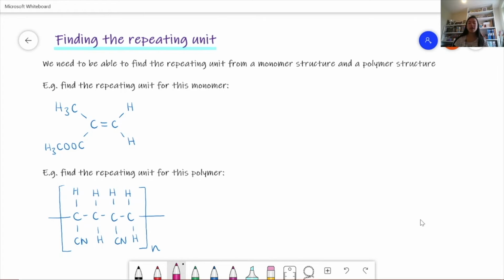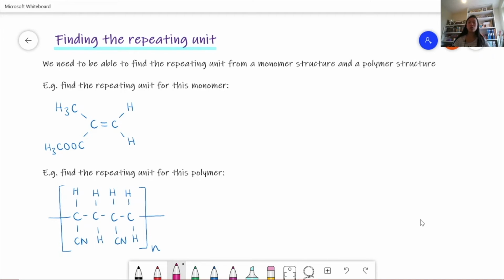Now we're going to look at finding the repeating unit. So we need to be able to find the repeating unit from a monomer structure and also a polymer structure. So in the first example, we're going to find the repeating unit for this monomer. So we've got this alkene, and basically what you need to do is you need to imagine 2 of them joining together.